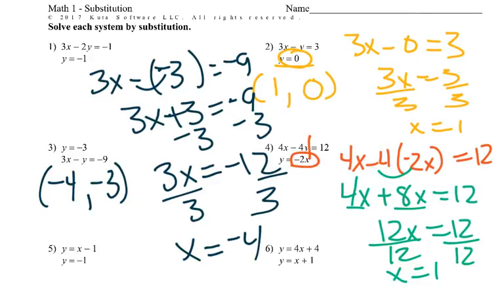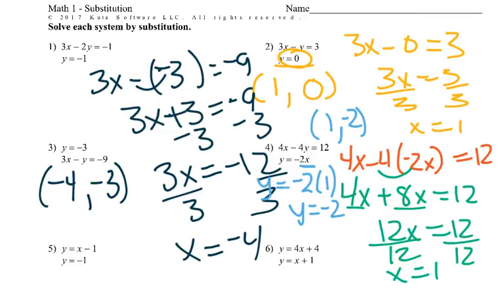Okay, now do we know what y is yet? No, so we've got to use what we know to help us with what we don't know. So now I know x is 1. So I can replace or substitute 1 in for x, and I get y equals -2 times 1, or y equals -2. So I have 1, -2 for my answer on number 4.